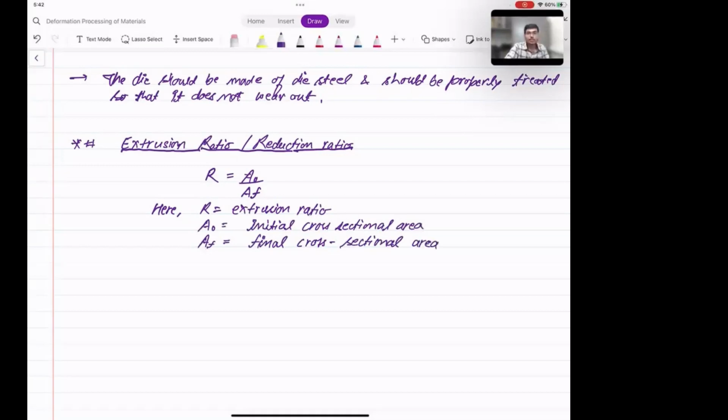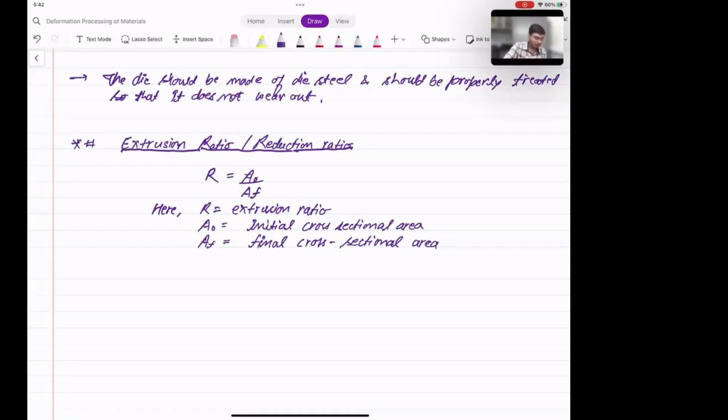So basically, this term defines the amount of reduction which is obtained during the extrusion process. It relates the amount of reduction of the initial section of billet to the final section of the extrusion. Its value varies from material to material which is being extruded.